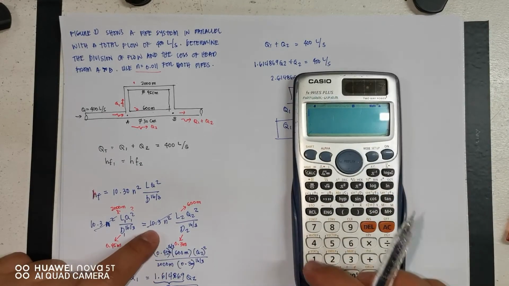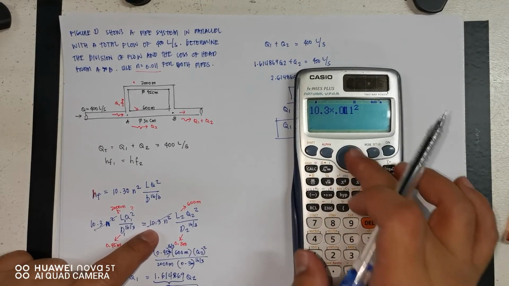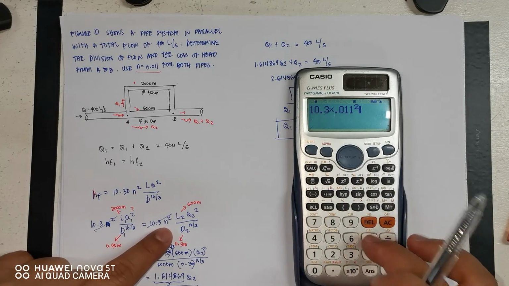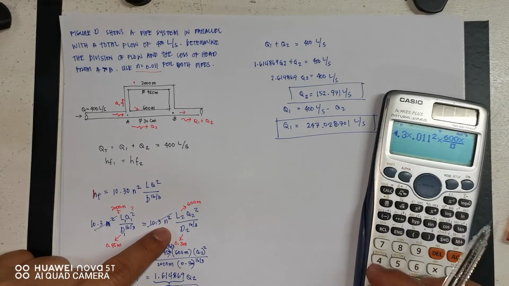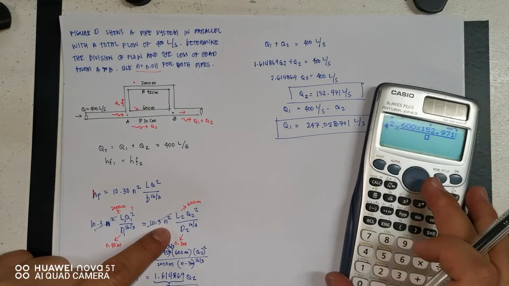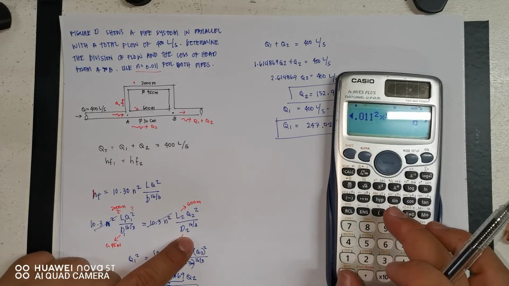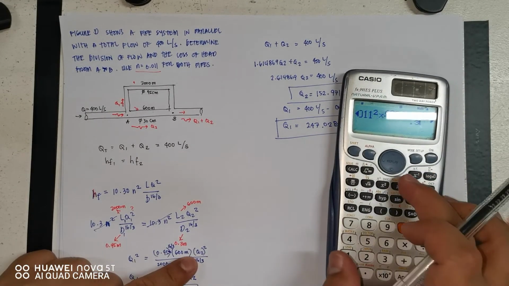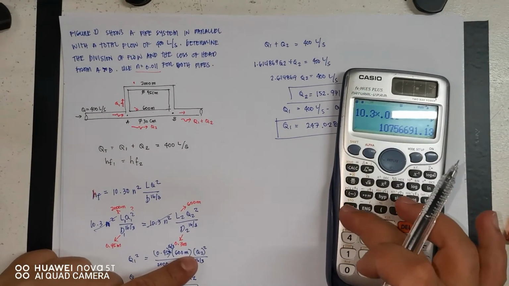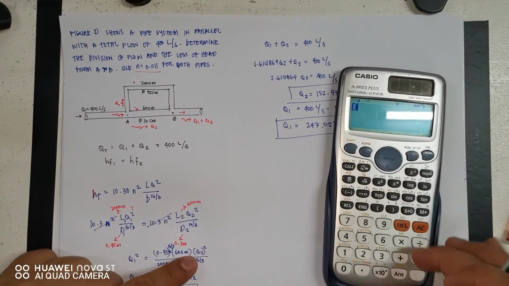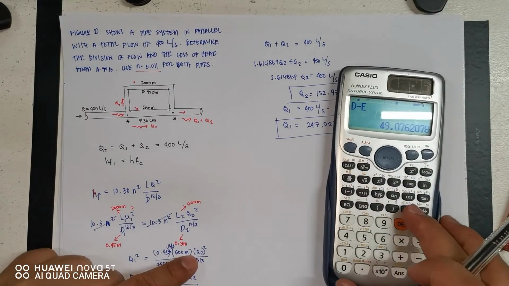Okay, sulat ko na nga lang ulit. 10.3 times 0.011 squared times 600 times Q2, 152.971 squared over D. D is 0.3 raised to 16/3. So dapat pag minayos sa atin si D tsaka si E pala. Oops.